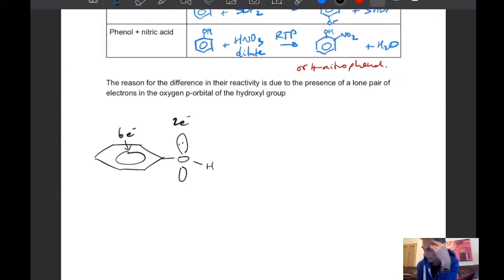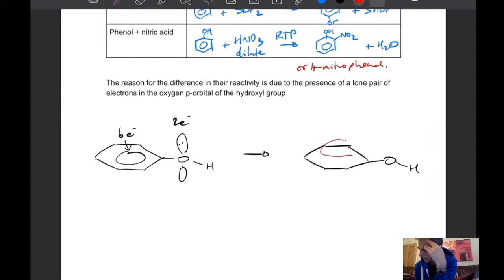What happens is these regions of space, this pi electron cloud and this p orbital, merge together, sort of hybridize if you like, and then they create, if I just draw the flattened hexagon again and put the OH on, this new region of space here, whereby I'll do it in red.